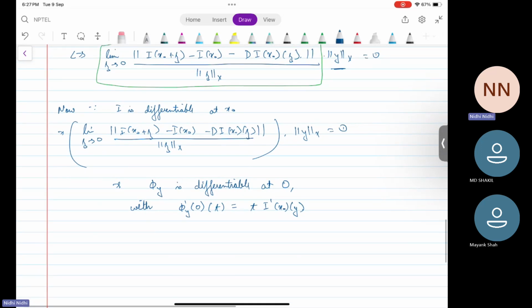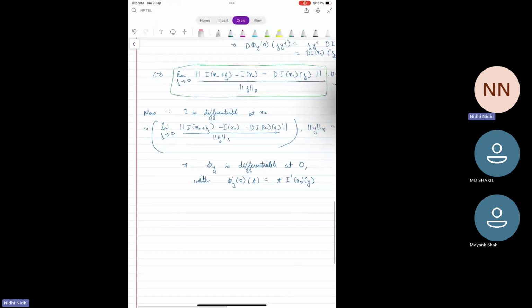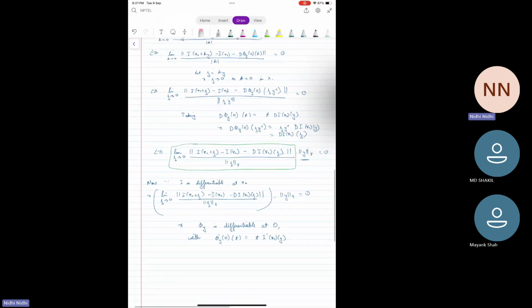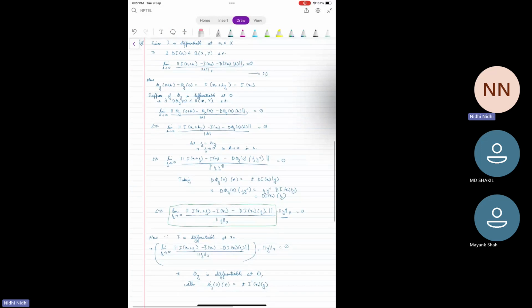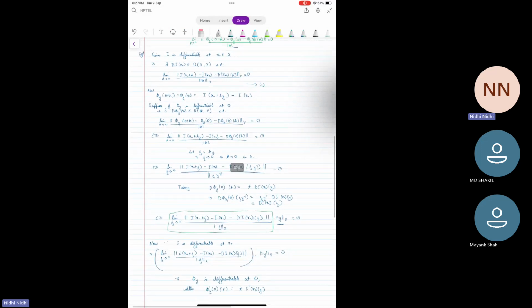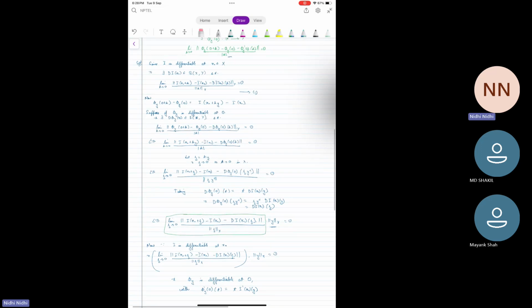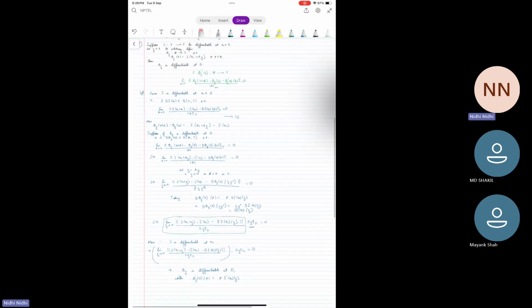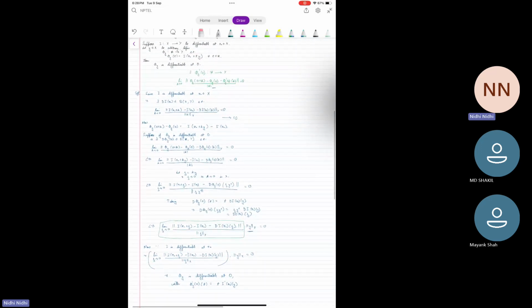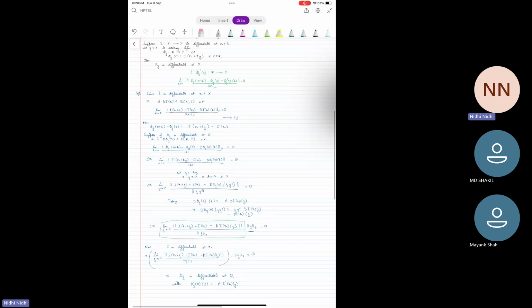This is how we'll get a derivative. So this function phi y will be differentiable, and we can evaluate its derivative using the function I. Basically, if you directly apply the chain rule, you will eventually get the same. I just wanted you to see the in-between calculations, how these limits and everything are done.